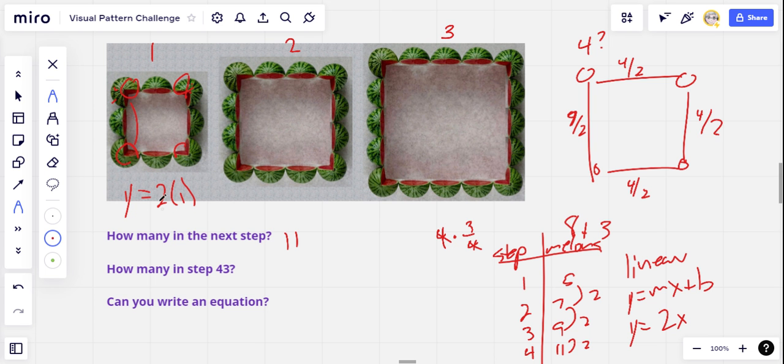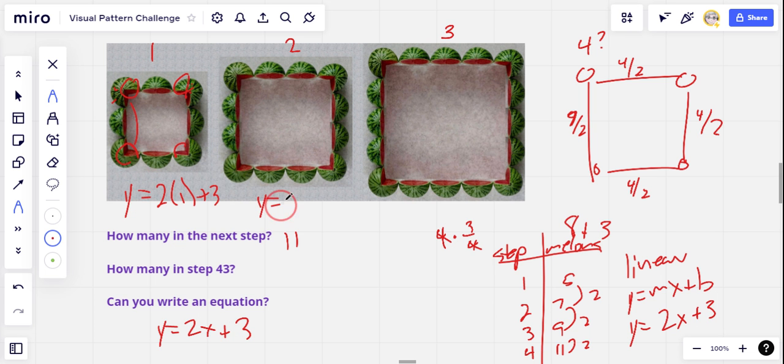That would only equal 2, but we've got 5, so we have to add 3 more. And actually, the way we can think about this is that b is the corners, and the 2 times the step number are the half melons that fill in the sides. So I think our equation is going to be y equals 2x plus 3, but let's double check this with a couple of steps.